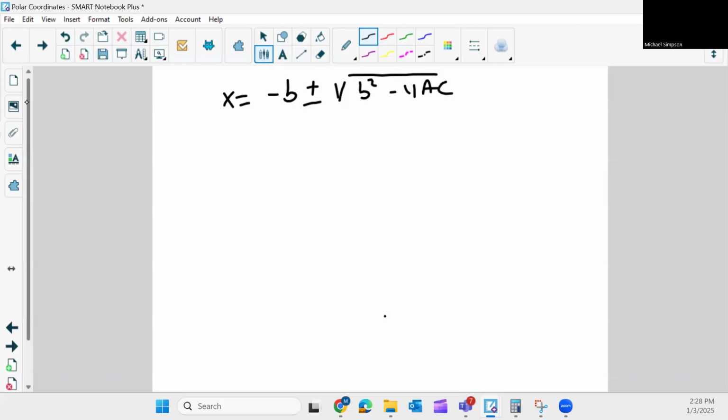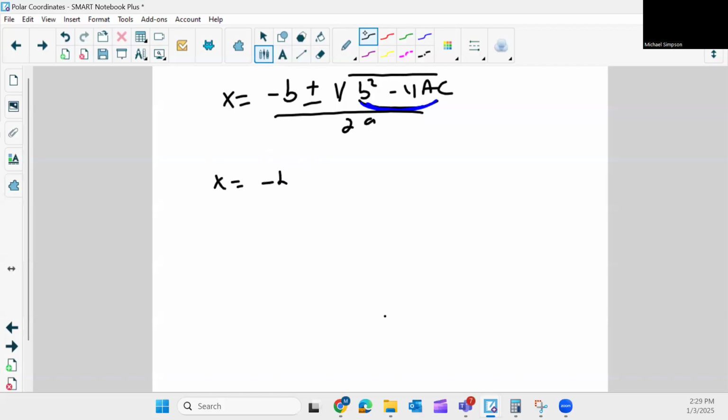Now, this becomes a complex number when we call this right here the discriminant. When this is a negative number, you get a square root of a negative number, and that gives you an imaginary number. So when this is negative, your answer becomes x equal to minus b, oh, I'm sorry, this is over 2a. This gives you two answers now.